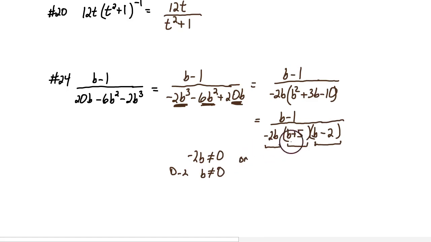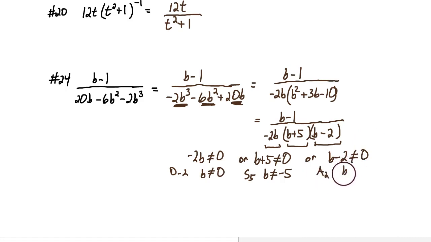Okay, or this next one, the b plus 5, we don't want that to equal 0. So subtract 5 from both sides, and we find out b cannot equal negative 5. Or this last one here, the b minus 2, we do not want that to be 0. So add 2 to both sides, and we find out that b cannot equal 2.